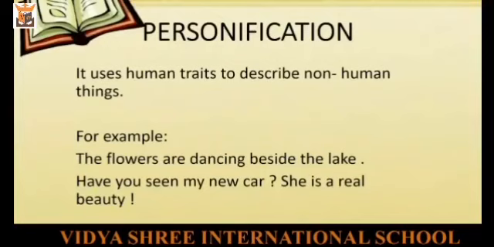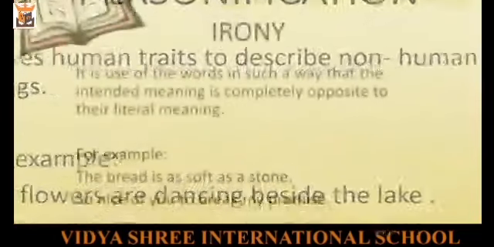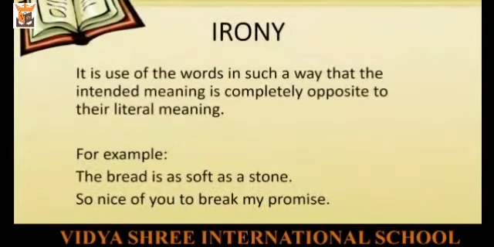So, let's move to our next, that is irony. What is irony? It is the use of words in such a way in which the intended meaning is completely opposite to their literal meaning.